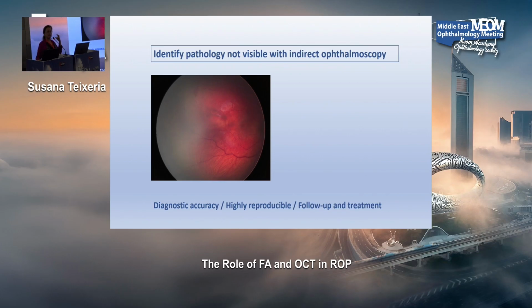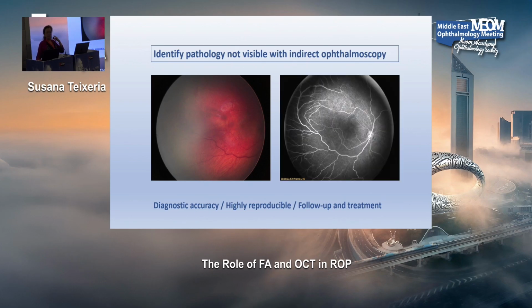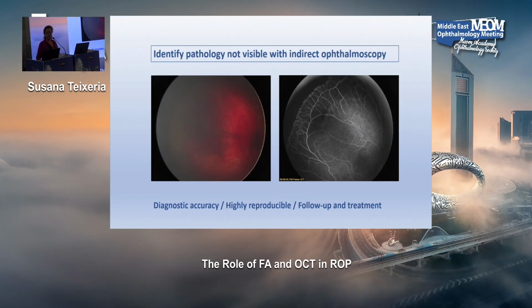The diagnosis, as I told you, is with indirect ophthalmoscope. So that's the image, of course, with 3D that you have. But when you add the fluorescein, you have a lot of details that only with fluorescein you can have. So you can see not only the posterior pole, but the periphery, how the ROP is.